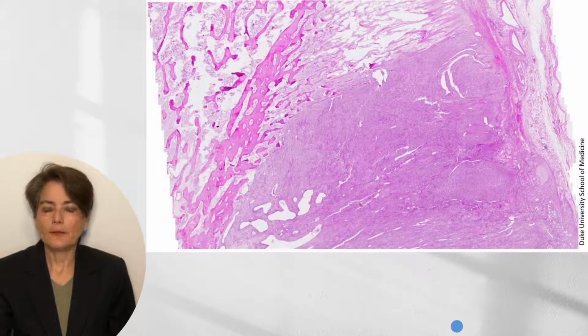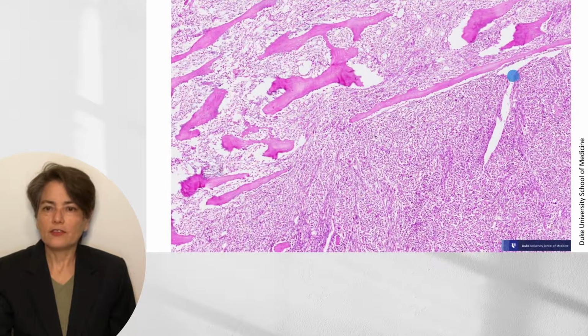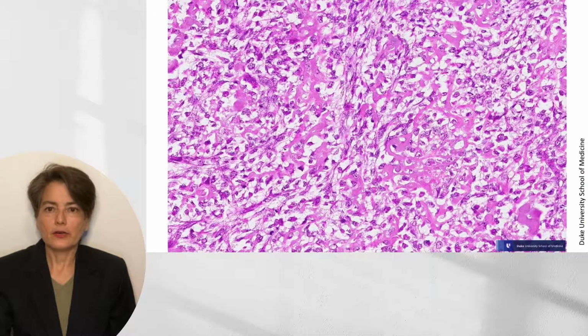Now let's look on higher magnification. This is the reactive bone, so lamellar bone, which is non-neoplastic, and then the tumor cells percolating through. Let's look here on higher magnification, which gives me an opportunity as well to point out the osteoid. So osteoid is going to be this dense pink material.